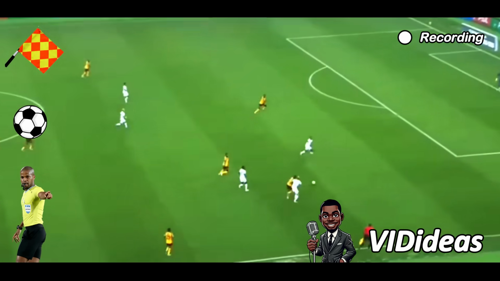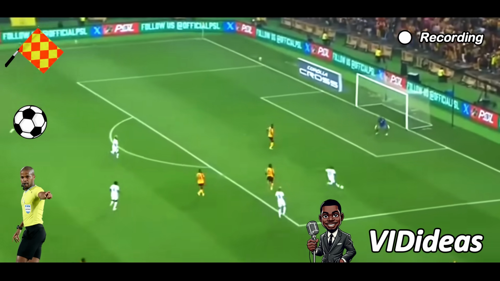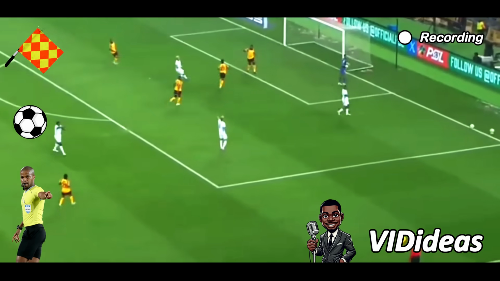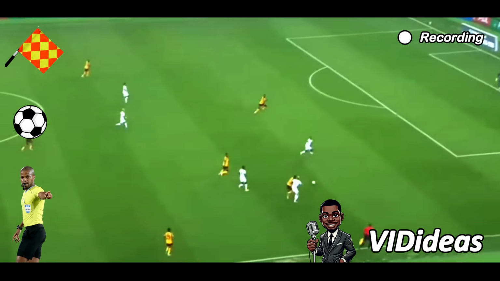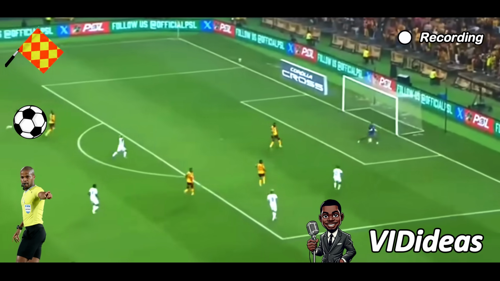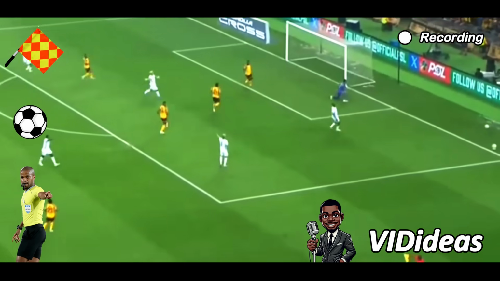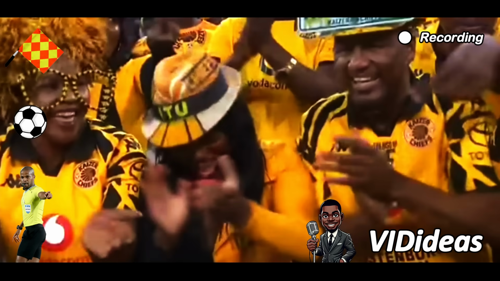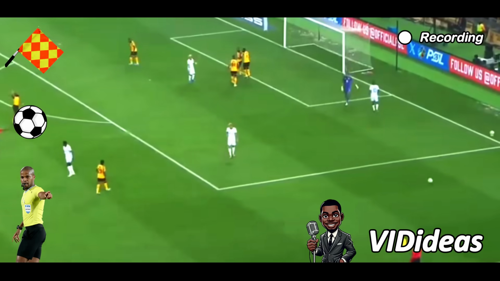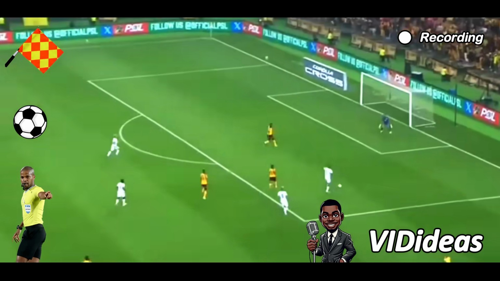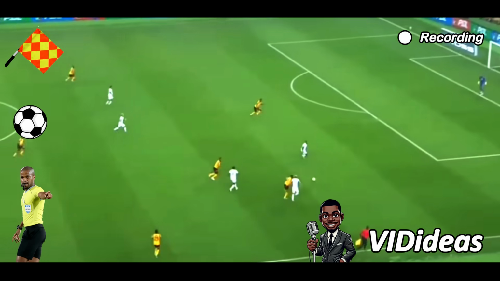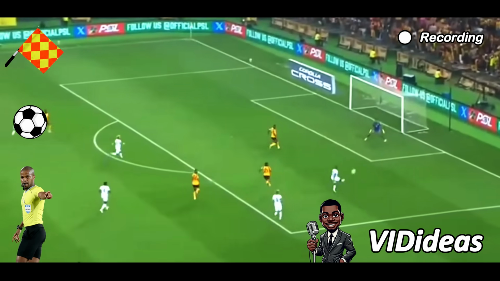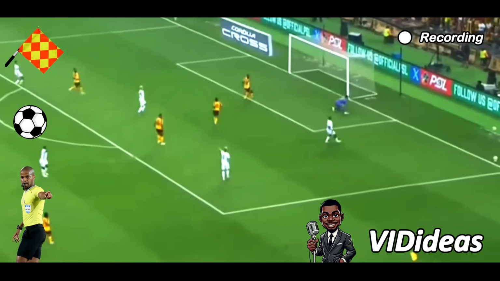One of the pandemics in the Betway Premiership officiating is when it comes to offside. Linesmen and referees oftentimes get offside calls incorrect for the most part. So here we see Sundowns on the attack and Reyners getting an opportunity and then taking a shot.